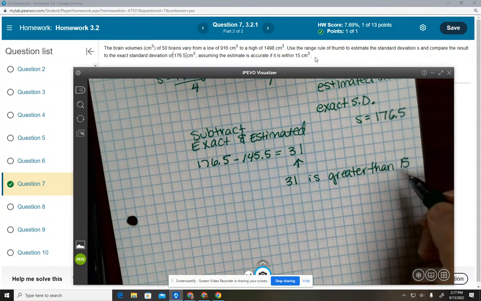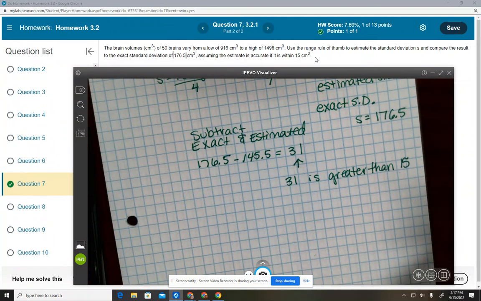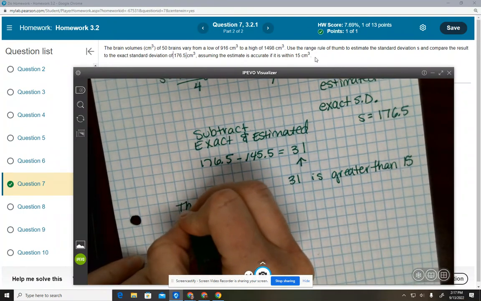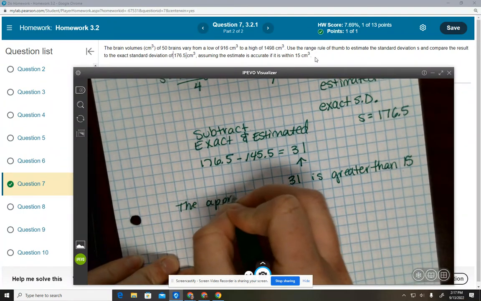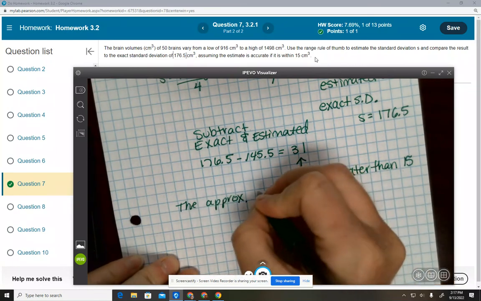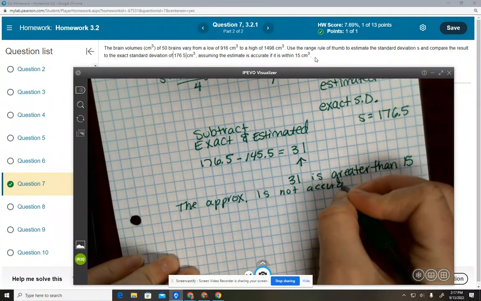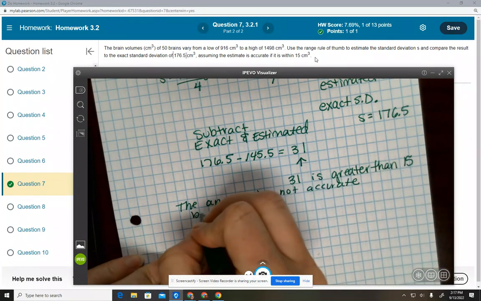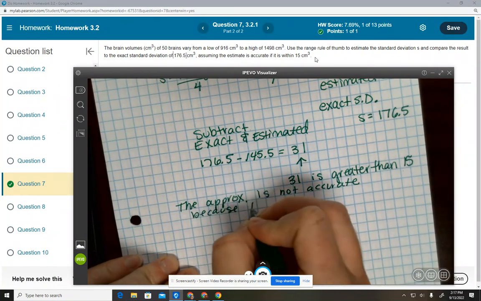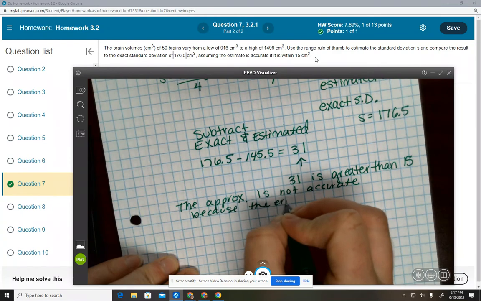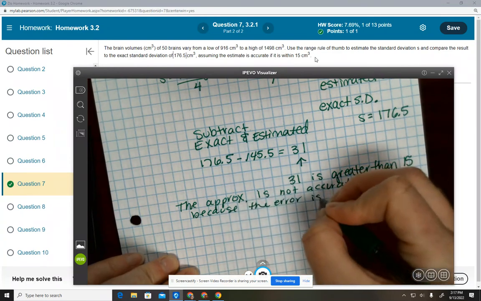Anything greater is considered not accurate. So that means the approximate is not accurate because the error is greater than 15.